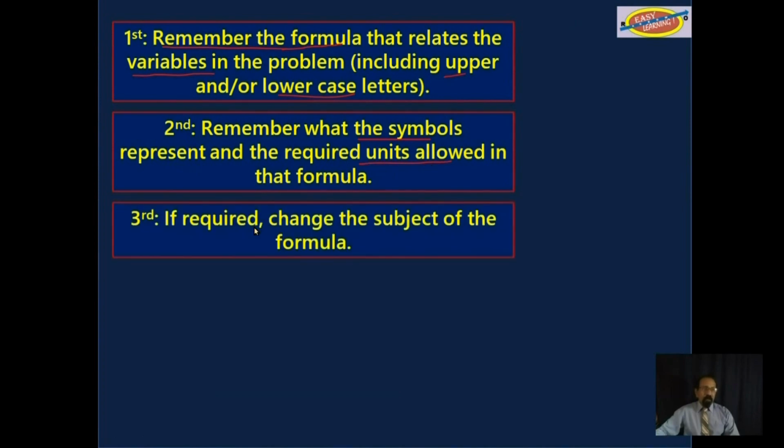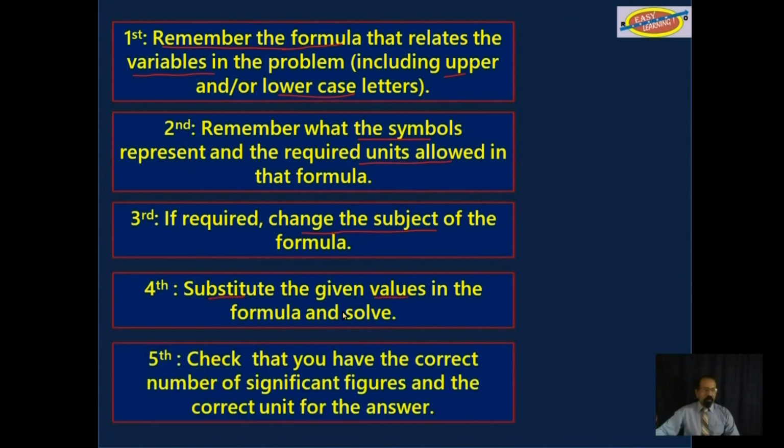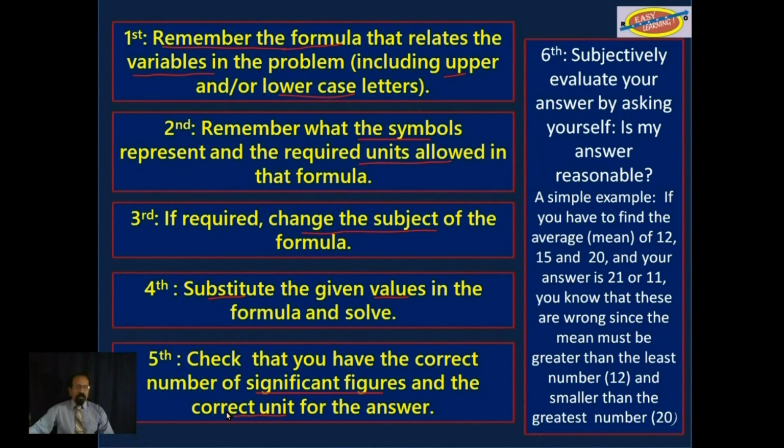Thirdly, if required, you need to change the subject of the formula. Fourth, substitute the given values in the formula and solve. And fifth, check that you have the correct number of significant figures and the correct unit for the answer.